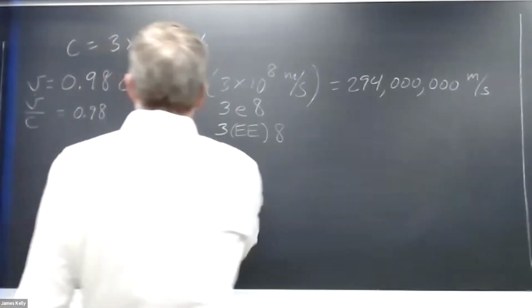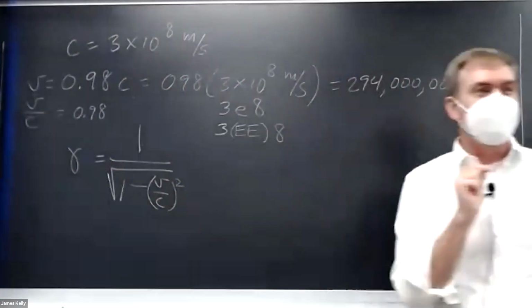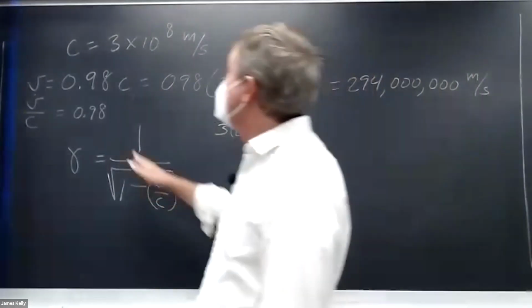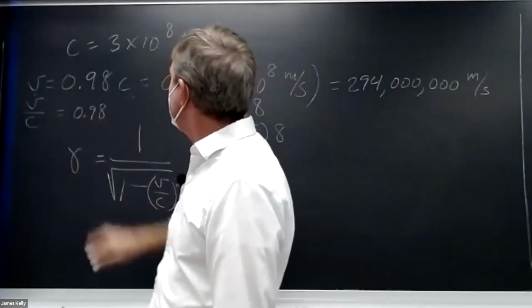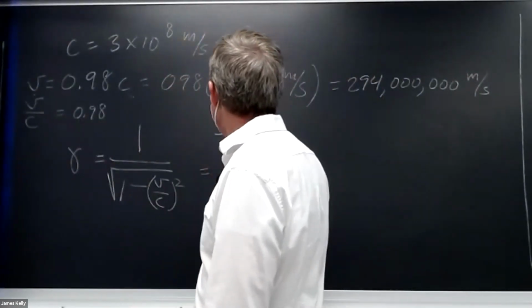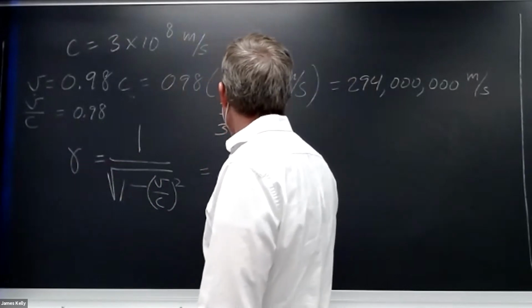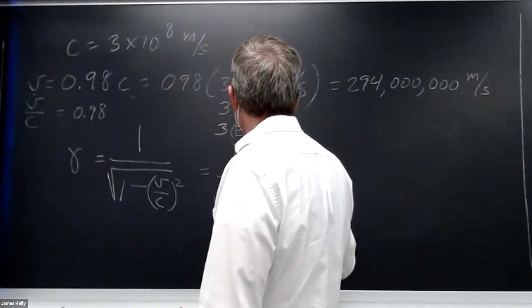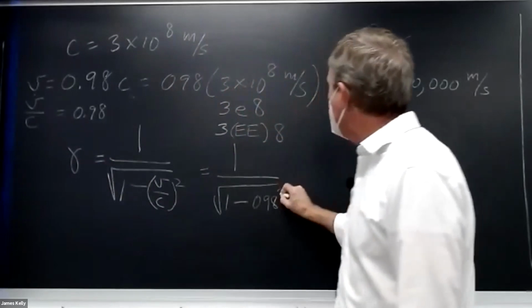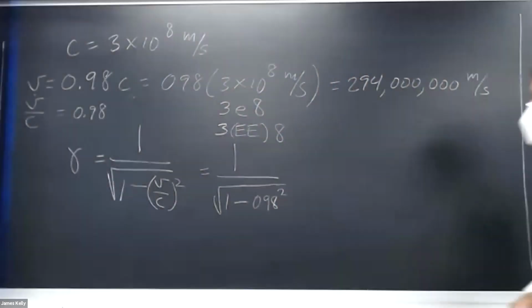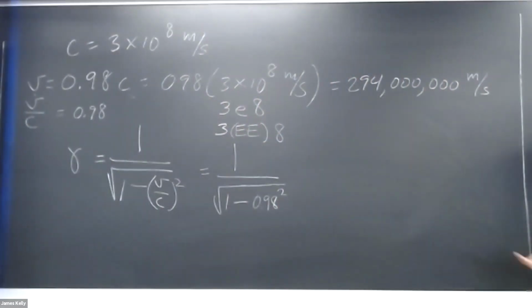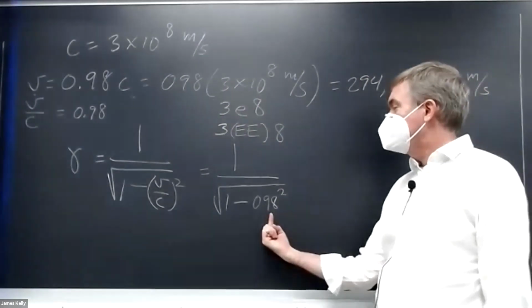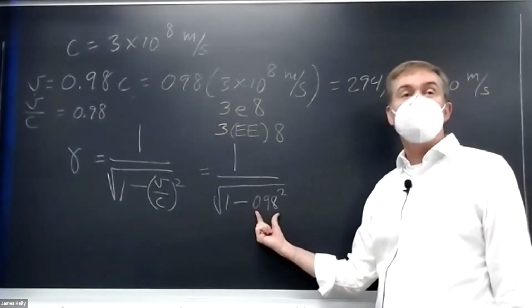I don't want to type 3 times 10 to the 8th in there if I don't have to. And in this case, v over c is just a nice simple number. So I'm going to put that in here: 1 over the square root of 1 minus 0.98 squared. Well, 1 minus 0.98 squared is still going to be close to 1, right?